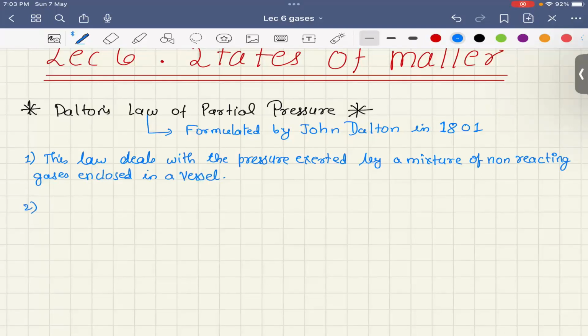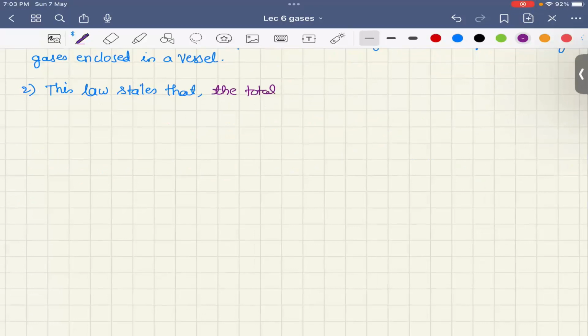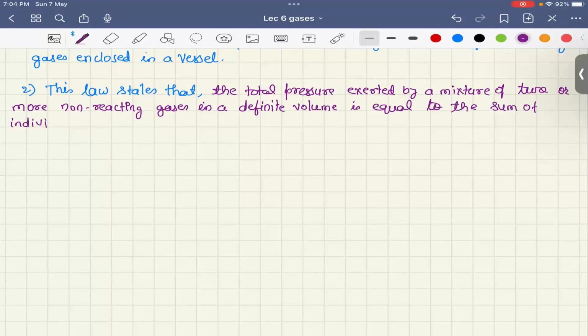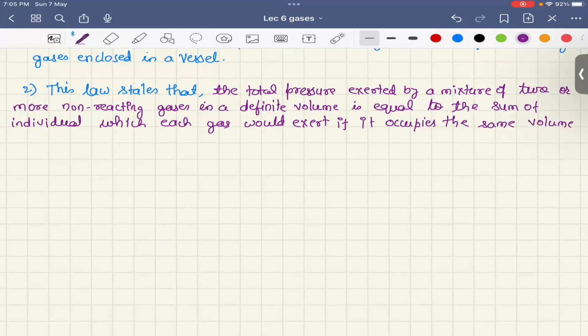This law states that the total pressure exerted by a mixture of two or more non-reacting gases in a definite volume is equal to the sum of individual pressures which each gas would exert if it occupies the same volume alone at a constant temperature.